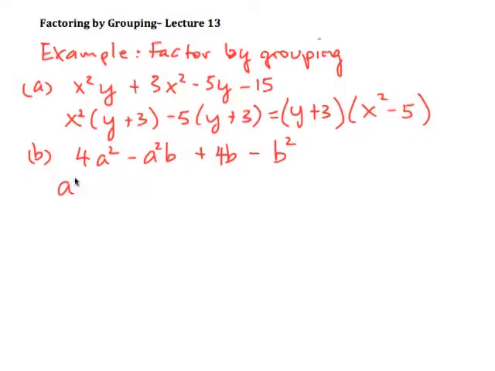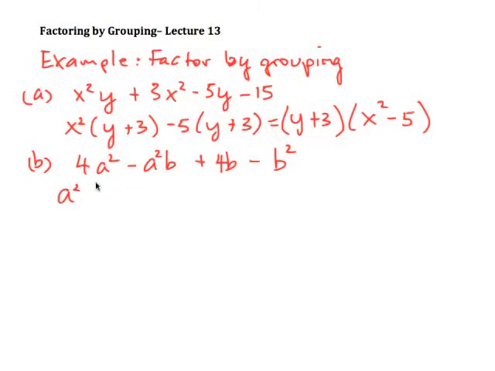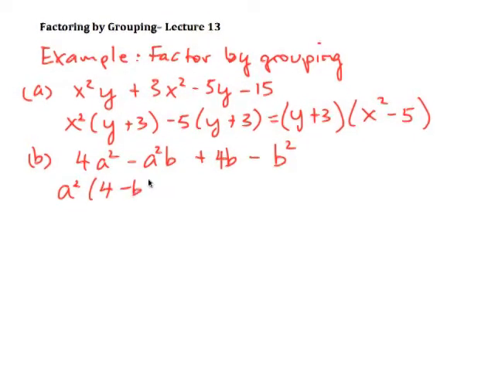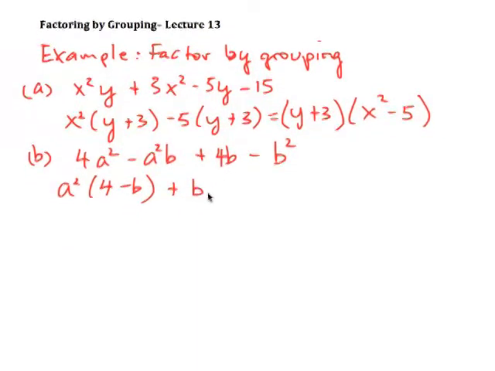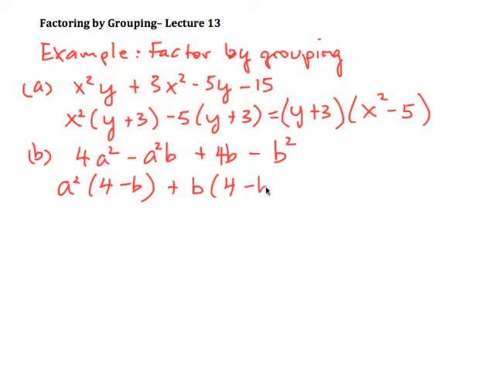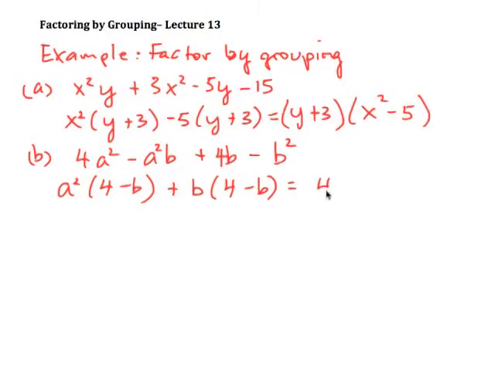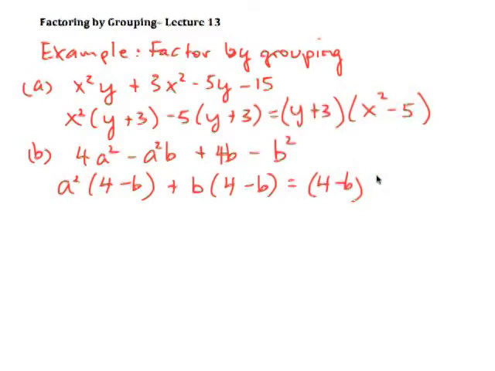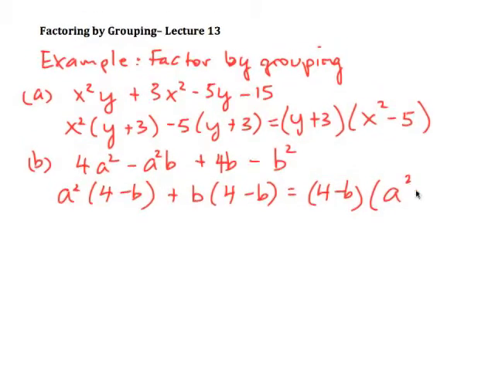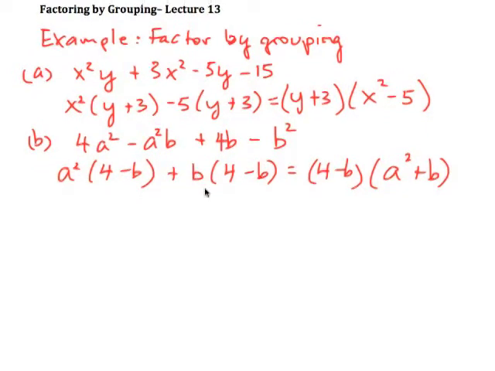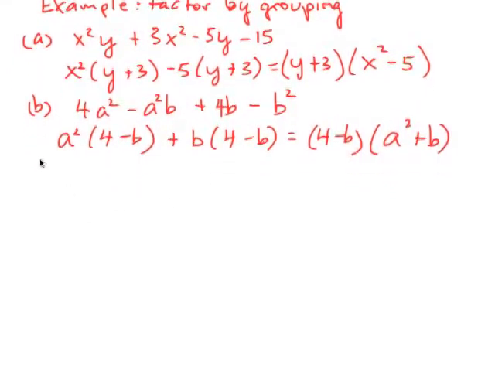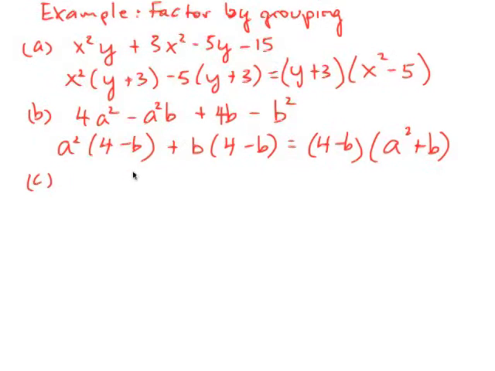So what happens if I take out an a squared? I end up with a 4 minus b. What happens if I take out now a b here? I'd get a 4 minus b. And of course we have a 4 minus b as a common factor, and that leaves me a squared plus b. And so there's our factored form for that one.